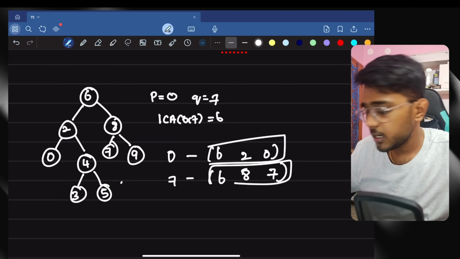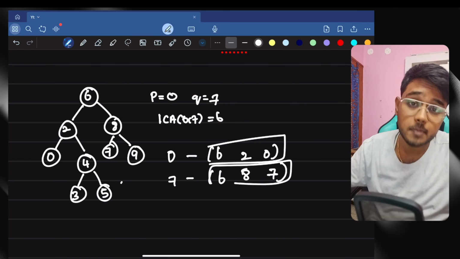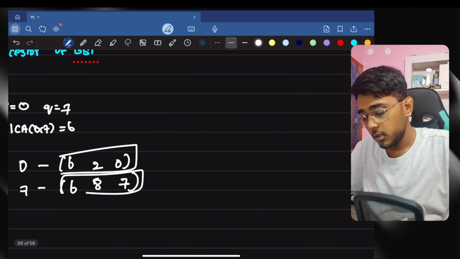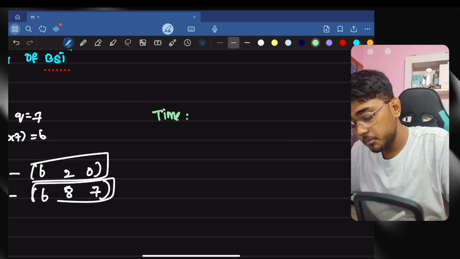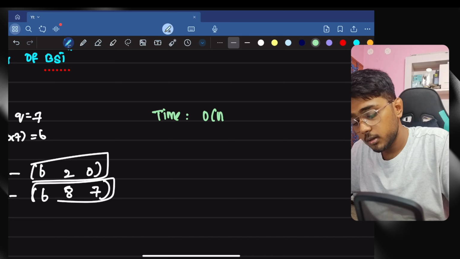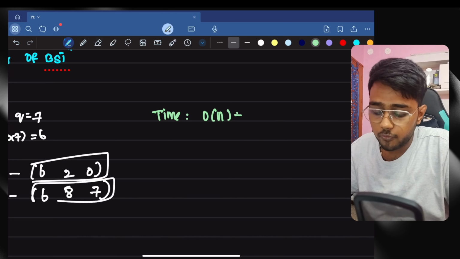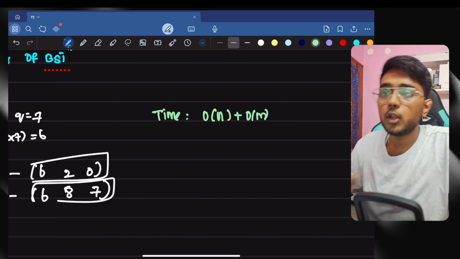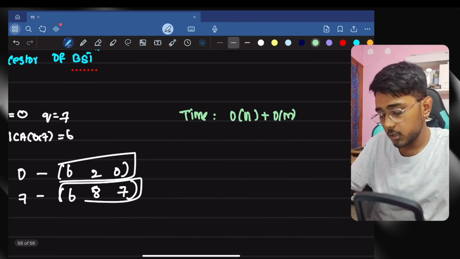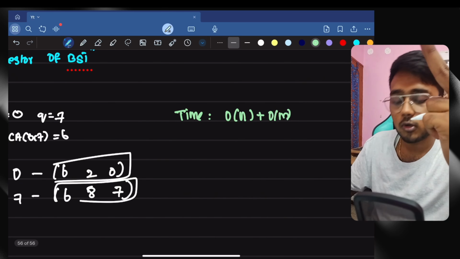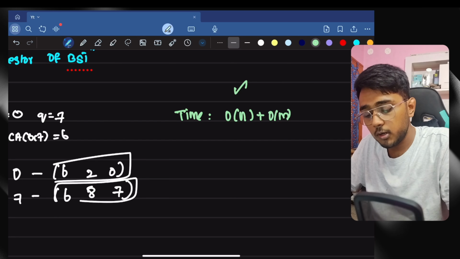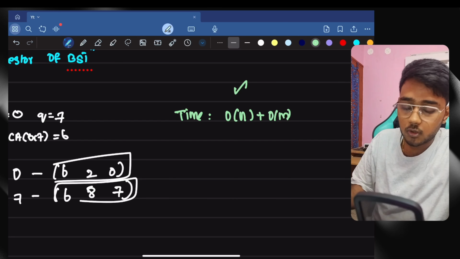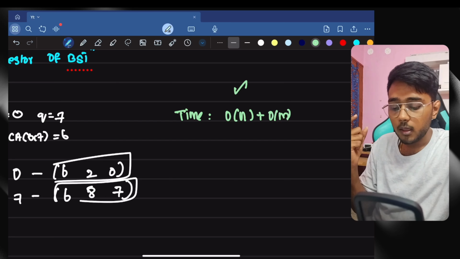Now let's think about the time and space complexity of this problem. The time is going to be big O of n and big O of m. Why do I say it like that? Because you have to find the paths of 2 nodes, one from the top of the tree to the P node, and another from the top of the tree to the Q node.